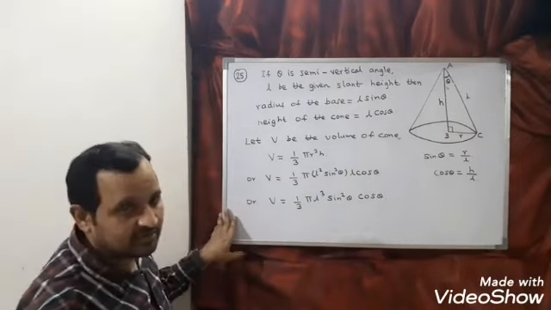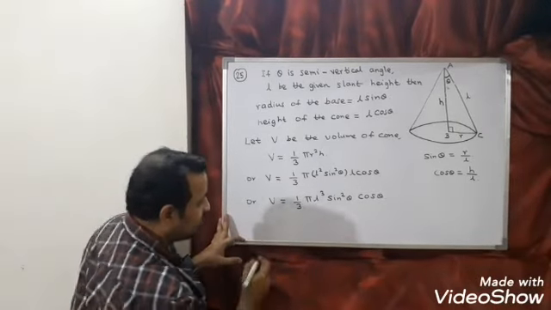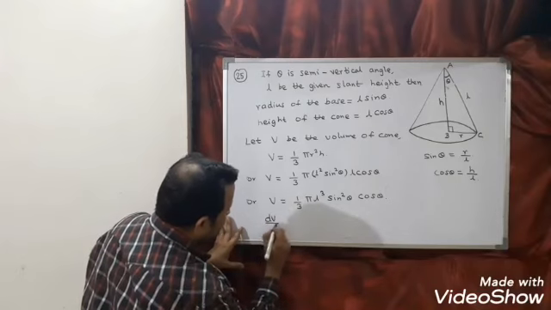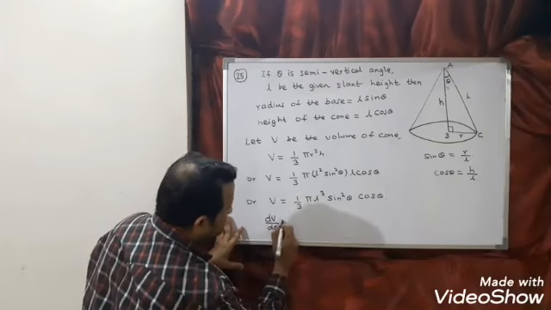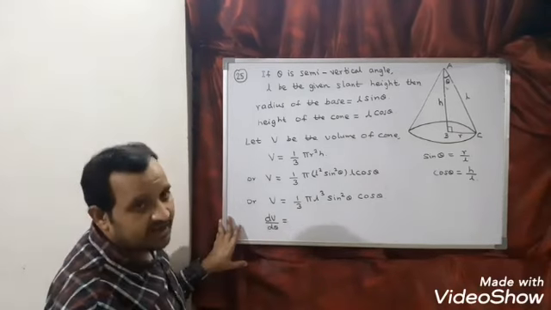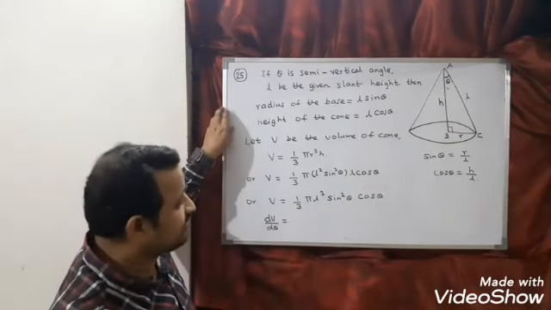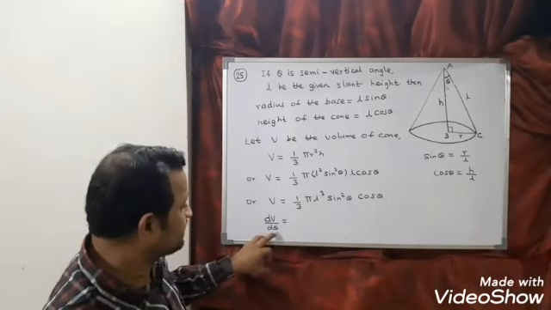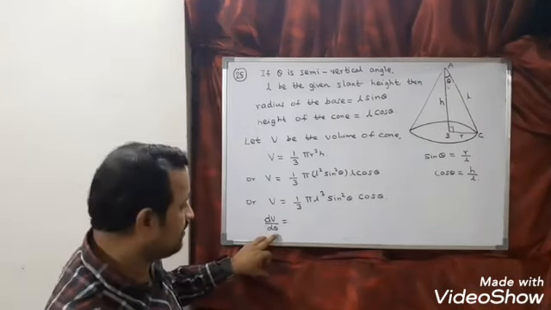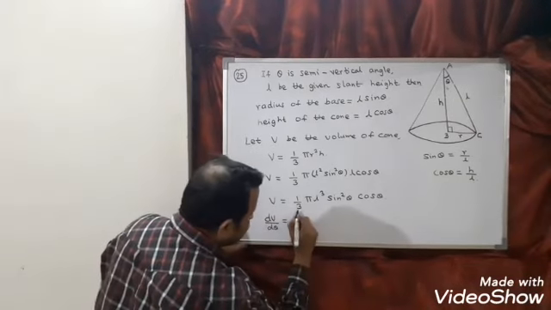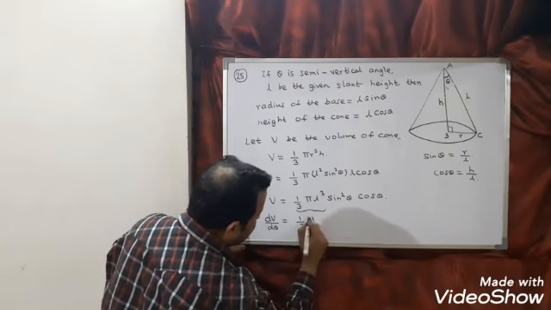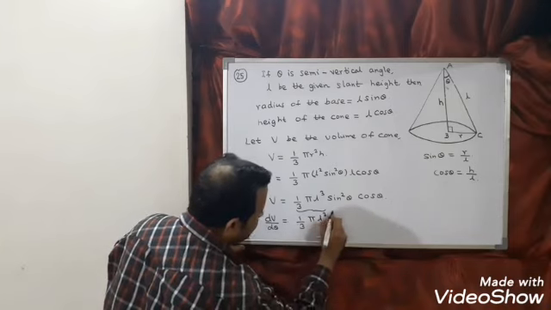For maximum or minimum volume, we have to find differentiation. So here I can say dV by d theta, since the question is we have to show that the semi-vertical angle is equal to tan inverse root 2. So with respect to the semi-vertical angle theta, differentiate. 1 by 3 pi L cube is constant, it will come outside.